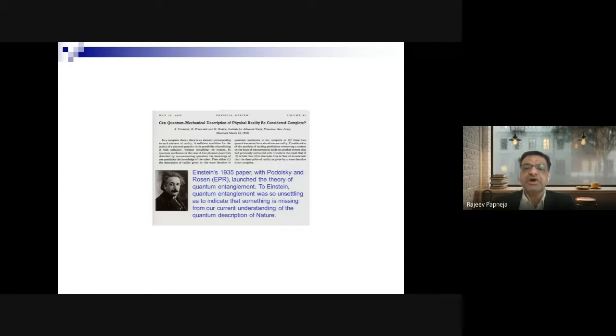And it seemed so unsettling as to indicate that something was really missing from our current understanding of the quantum description of nature at that time.